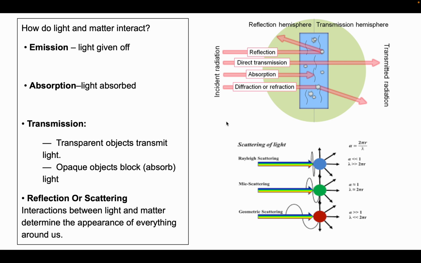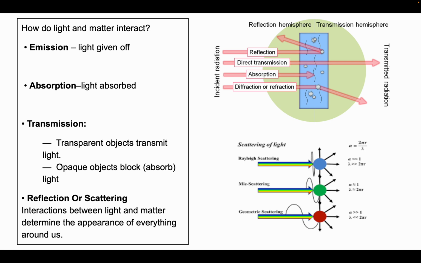Reflection or scattering is the interaction between light and matter that determines the appearance of everything around us. When we talk about scattering of light, we have to figure out the scattering cross section, which is determined by the objects taking part in the scattering.